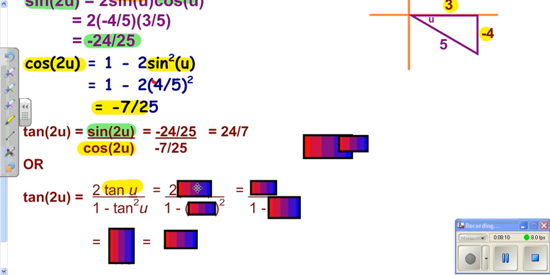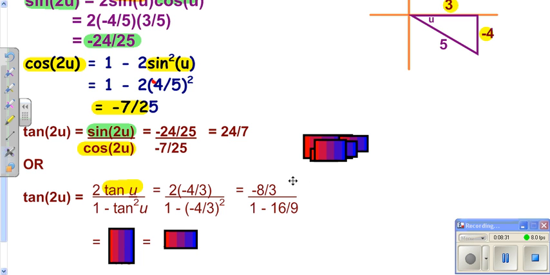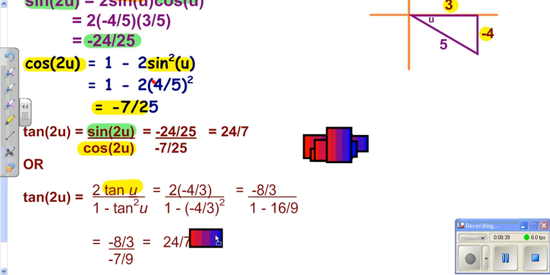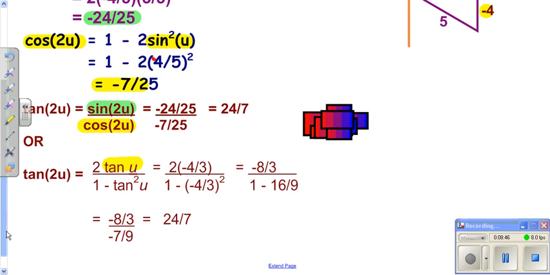So I'm going to go 2 times my opposite over the adjacent, over 1 minus the tangent of u, which I just figured out, squared. Then I double the top and I get this, and square the bottom. The bottom simplifies down to a negative 7 over 9. Fraction divided by a fraction, so I still am going to get the same answer, 24 over 7. Either one doesn't make a difference. They both give you the same answer.